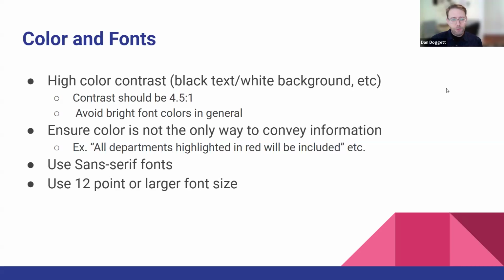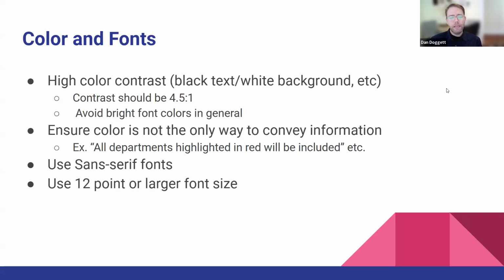I generally say avoid bright font colors in general. I feel like everyone has probably had an email come out with that high-vis green or something, and it's very hard to read. But we want to be mindful of our low vision and colorblind audience members. Based on our accessibility guidelines, we try to ensure that the contrast is high so that all people can read it.